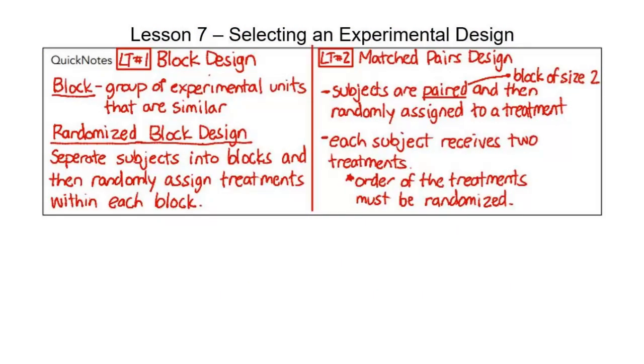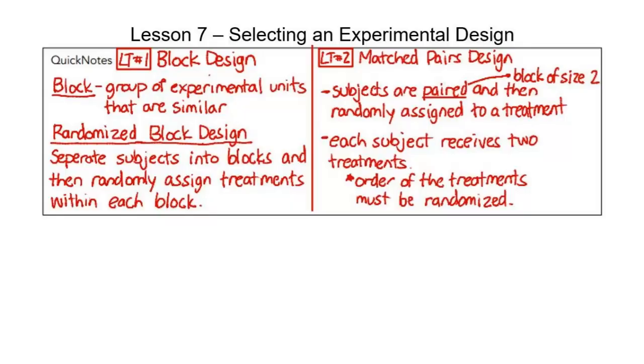All right, let's flip this over. Page 22. Block design. A block is a group of experimental units that are similar. Again, this feels a lot like stratified random sampling.